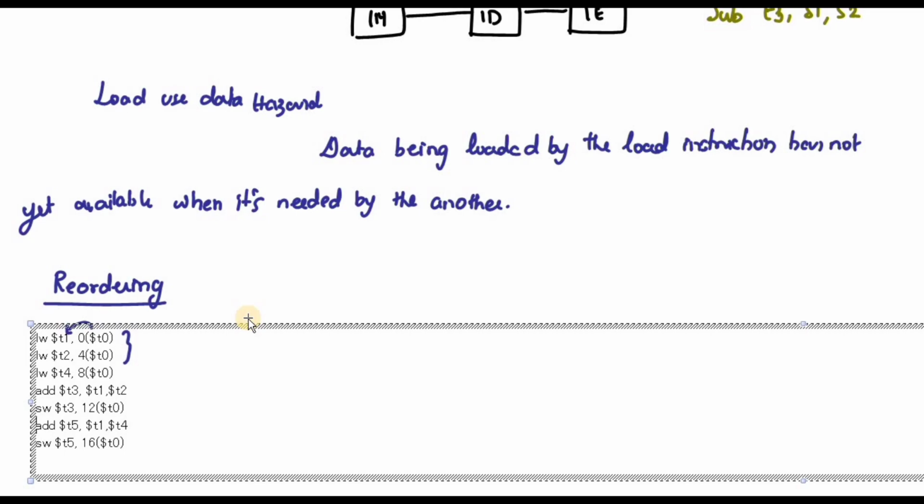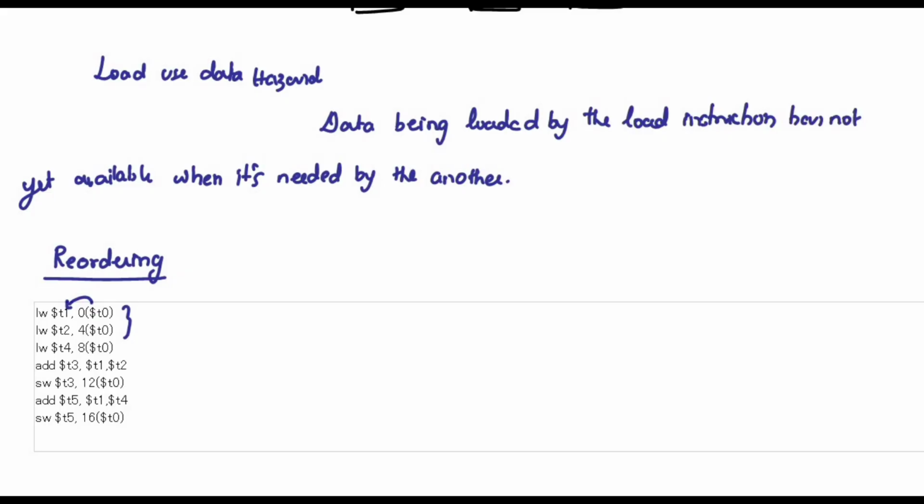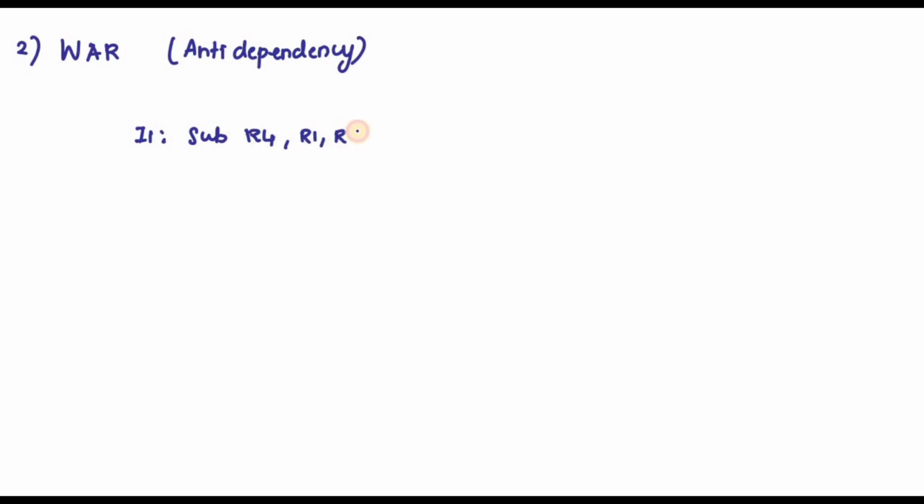The next type of data hazard is write after read. This is my second type, with this anti-dependency. Consider the first instruction is sub R4, R1, R2.